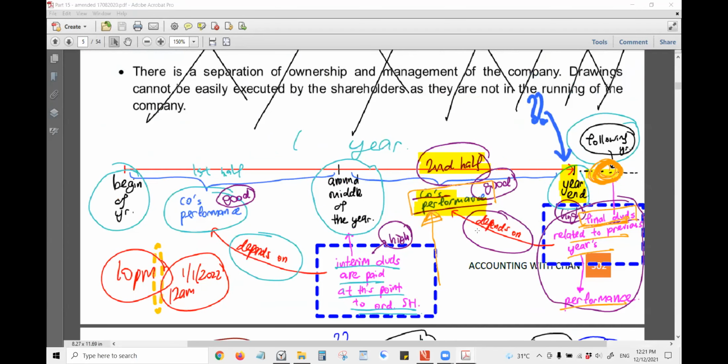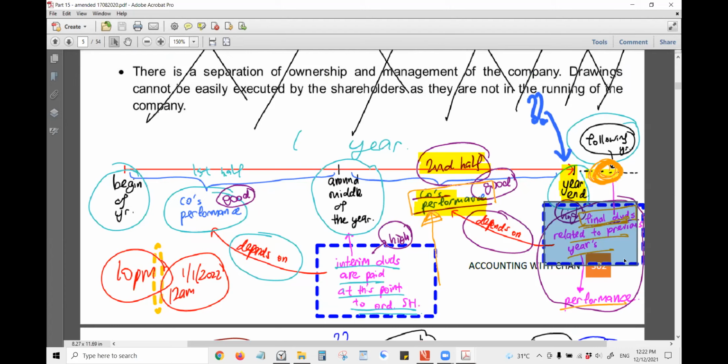At the time, I explained to you what is interim dividend and what is final dividend. I emphasized that final dividends cannot be paid at the current year end due to the timing problem, because the company has to take some time to complete the accounting. Therefore, final dividends can only be paid after the year end, which is the following year.